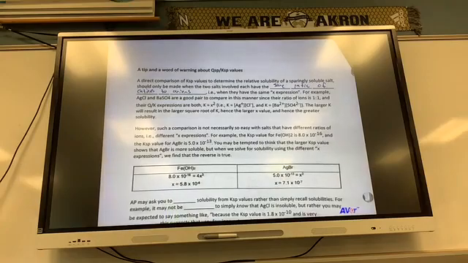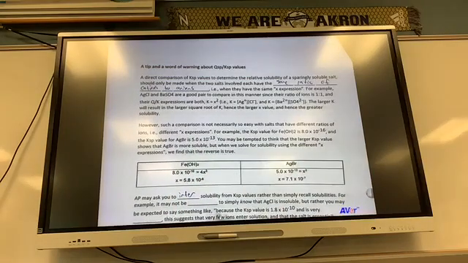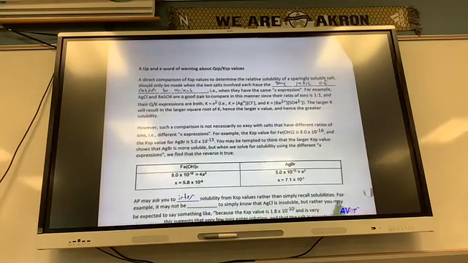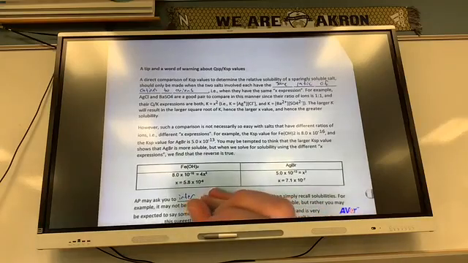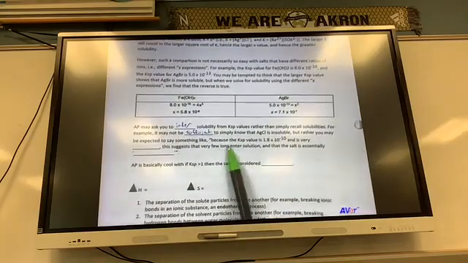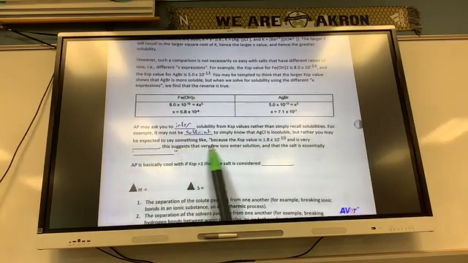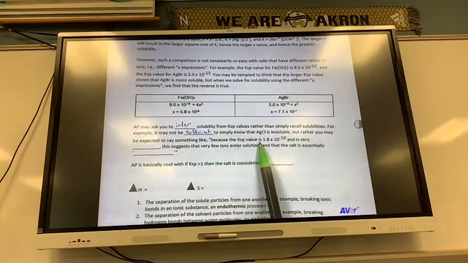Okay. AP may ask you to infer Ksp values rather than simply recall solubilities. For example, it may not be sufficient to simply know that AgCl is insoluble, but rather you may be expected to say something like the Ksp value is 1.8 times 10 to the -10th and is very what?